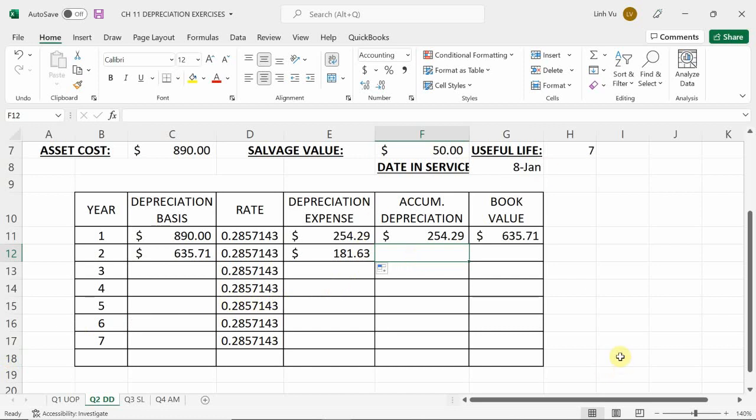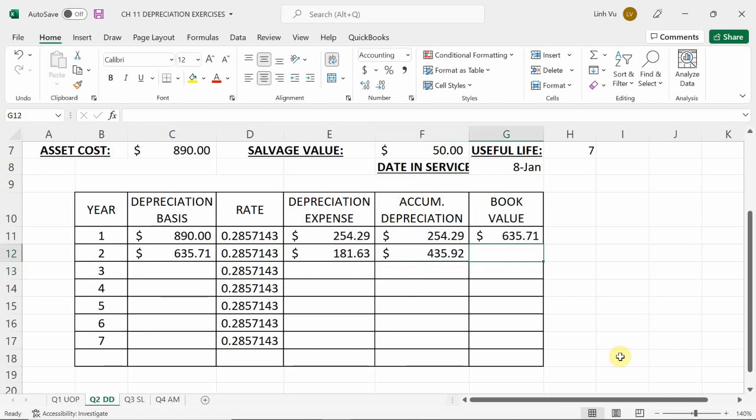So what's my accumulated depreciation? $435.92. Okay, good. You add your previous with your current to get 435.92.